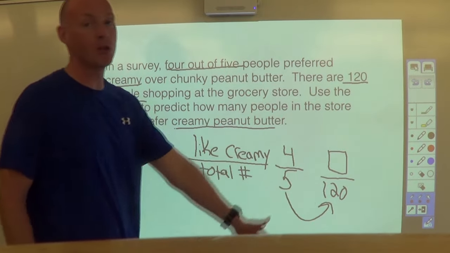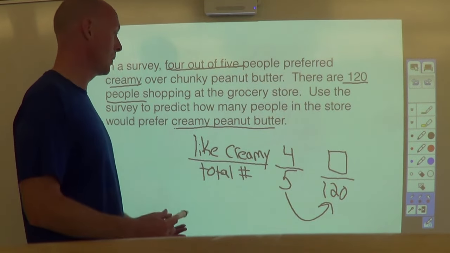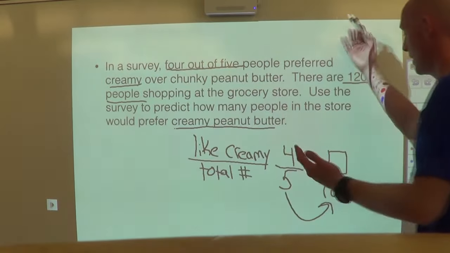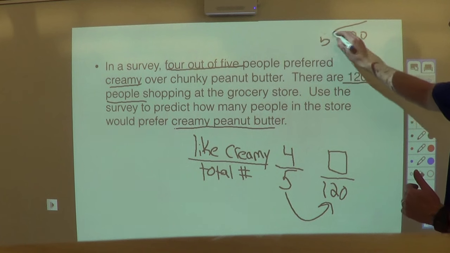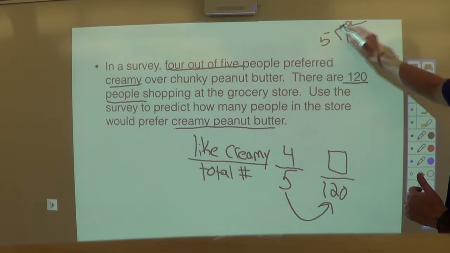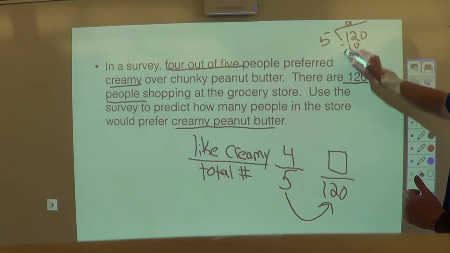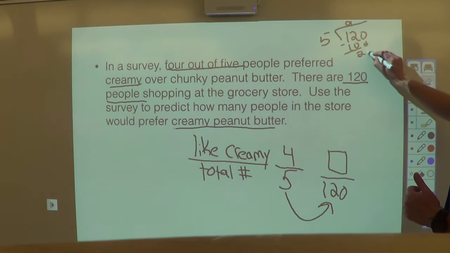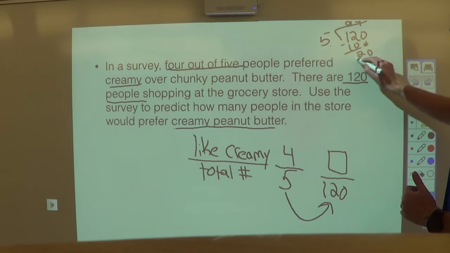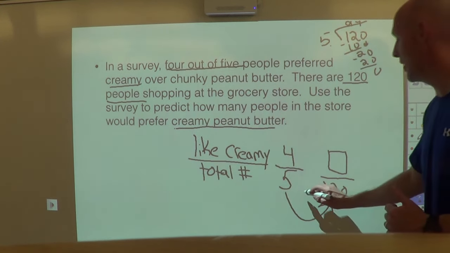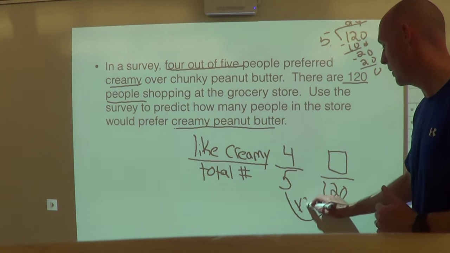So what do I need to multiply 5 by to get 120? Well, let's do some division, and I'll do it right up here. 120 divided by 5, that would be 2. 5 times 2 is 10. Subtract, bring down 0, that would be 20. So the answer is 24. So we're going to multiply by 24.